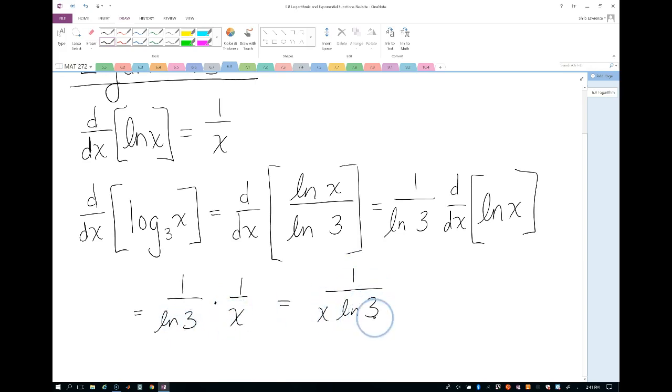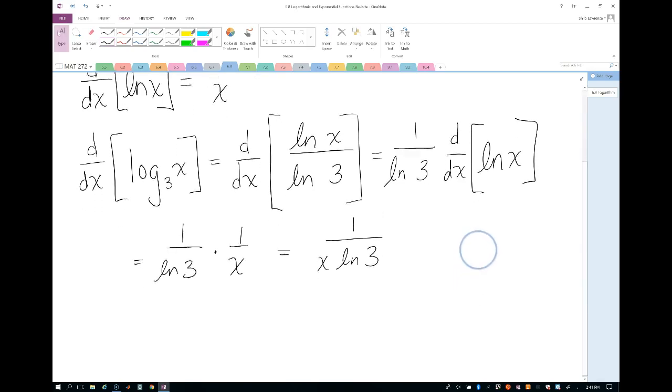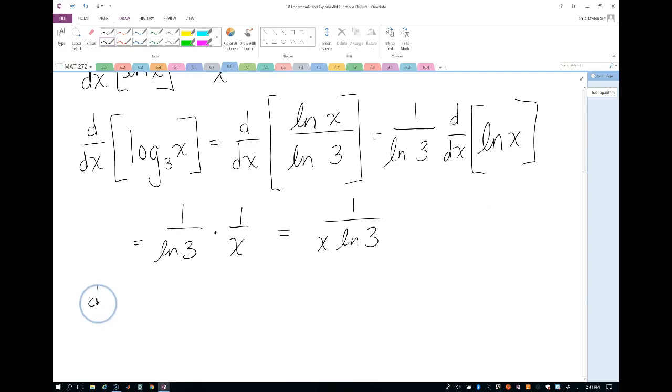It is typical to have the natural log at the back. That way you don't have to surround the 3 with parentheses. It's just assumed that anything that comes behind it is inside. So 1 over x natural log of 3, which is going to lead us to just a general formula for the derivative of any log.